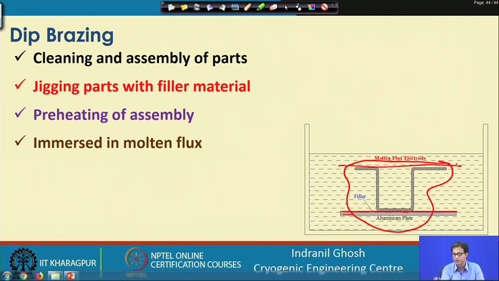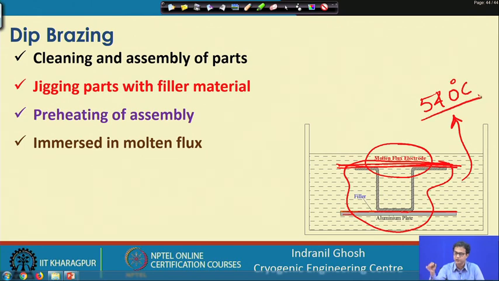There will be another filler material filled separating plate. Like that, this whole assembly has been preheated, and then we put it in the molten flux electrolyte. The temperature is nearly 540 degrees centigrade or 538 degrees centigrade.